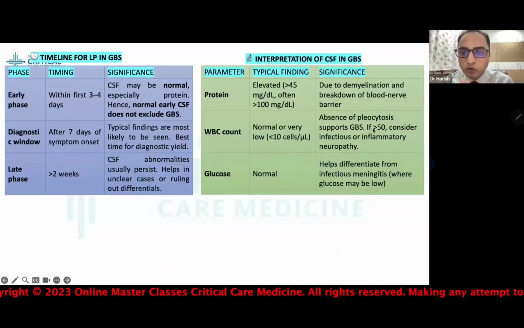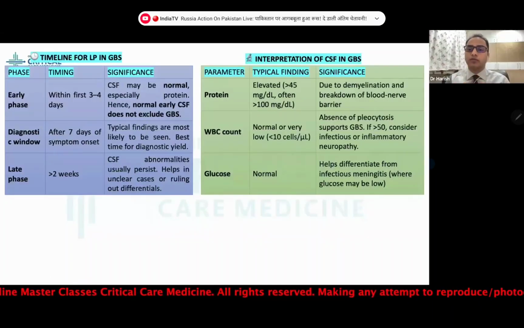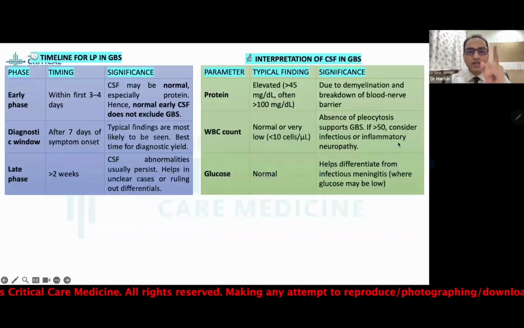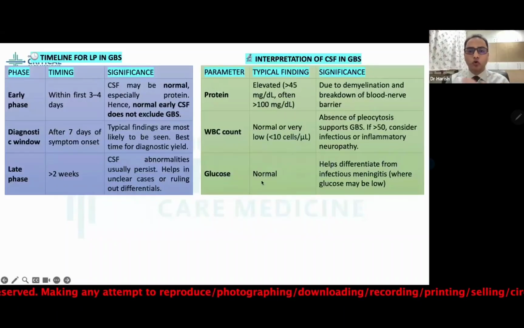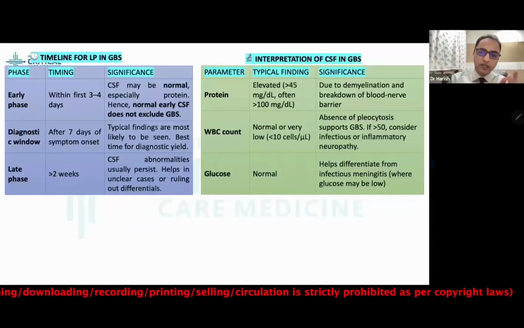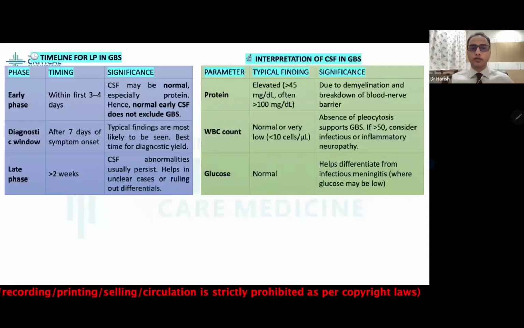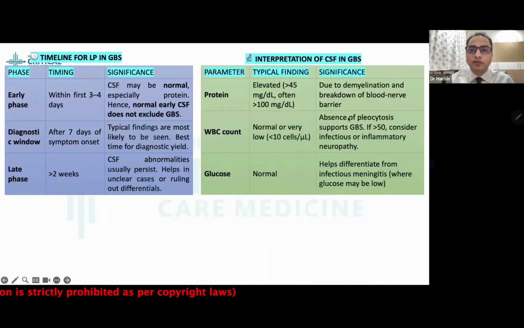Absence of pleocytosis supports GBS. If more than 50 WBC, consider an infectious or inflammatory neuropathy, not GB syndrome. Glucose is fairly normal, which excludes infective etiology. It helps in differentiating from infectious meningitis, where glucose in bacterial meningitis is significantly low. So this is the interpretation of your CSF in GB syndrome.